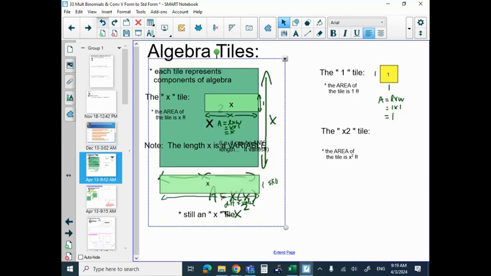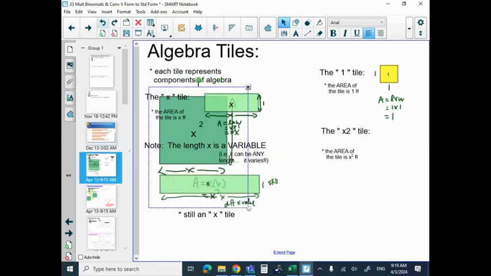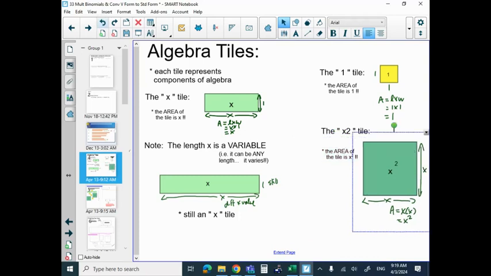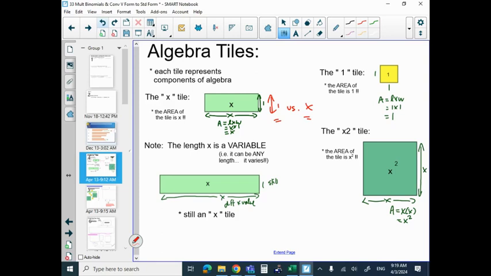You can't trust that visual comparison. Even if it happens to look like 1, 2, 3 of them, that doesn't mean x equals 3 necessarily. It's just representing a variable.